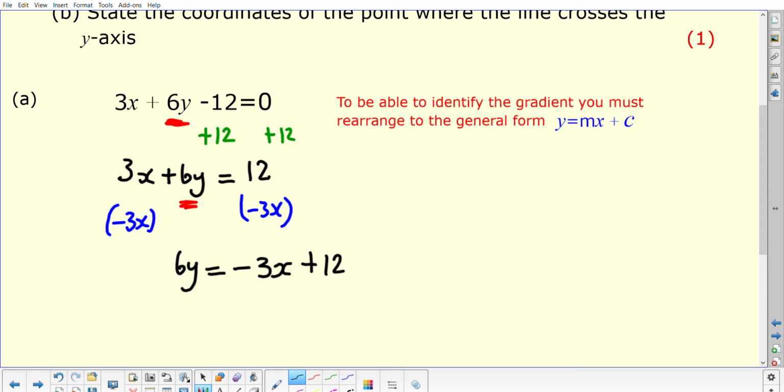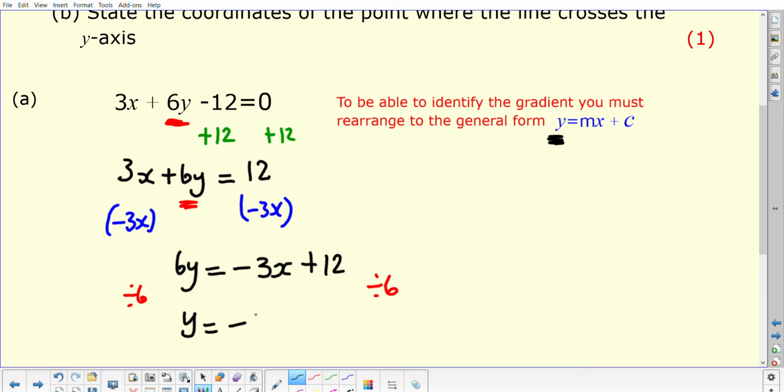Now, sometimes people think they've now arrived and they can write down what the gradient would be. However, the gradient needs to be just one y equals mx plus c. So at this point here, we now need to divide by 6, and we're going to divide each of the terms on this side by 6.